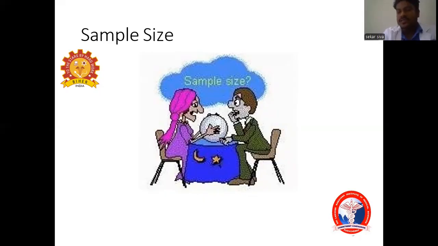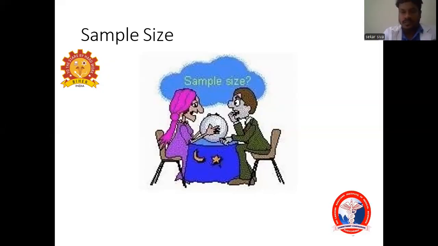Many researchers think sample size is not estimated, that it is a random number given by the statistician. It is absolutely wrong. Sample size is estimated, not a random number given by the statistician. Many researchers have been talking to me. They feel I'm giving a large number.